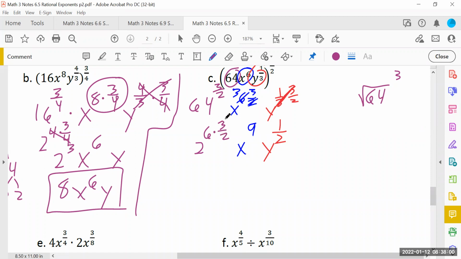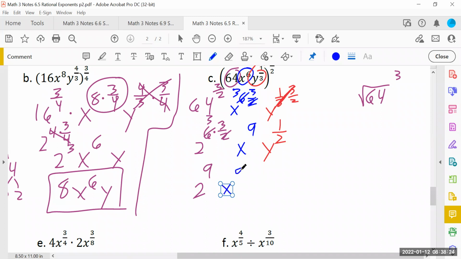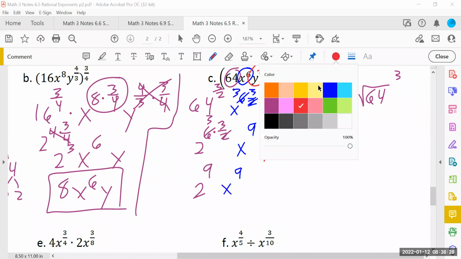The X was 6, X to the 6th power, so this is going to be the same thing. 6 times 3/2 is going to be 9. You can do 6 divided by 2 is 3, and then 3 times 3 is 9. So 2 to the 9th power, X to the 9th power, Y to the 1/2 power.